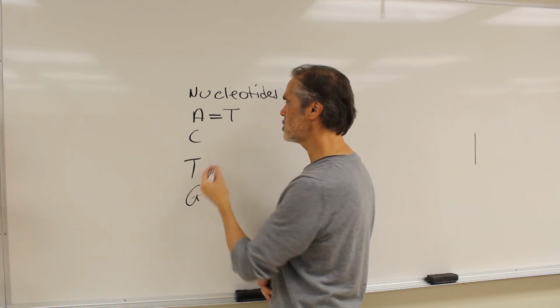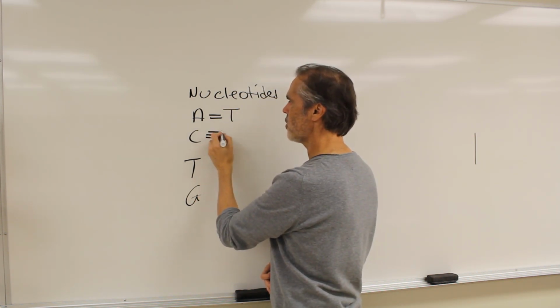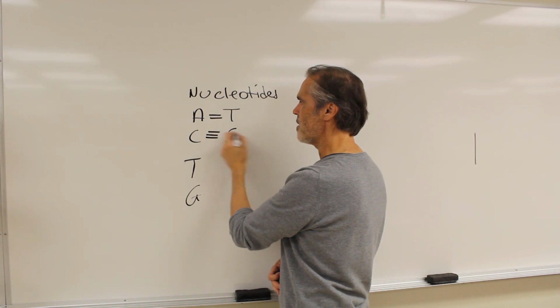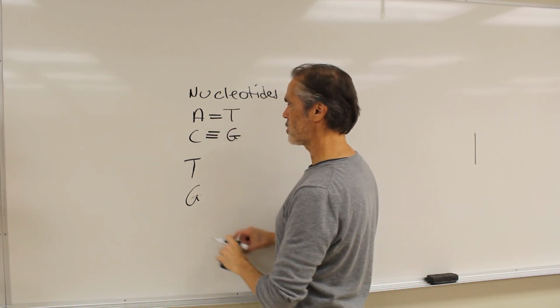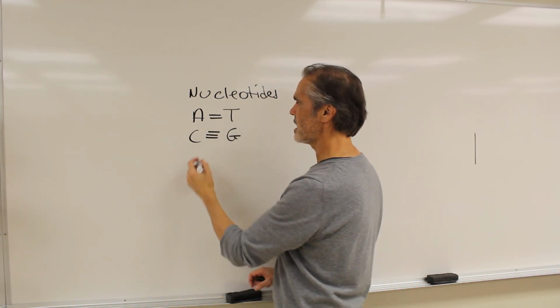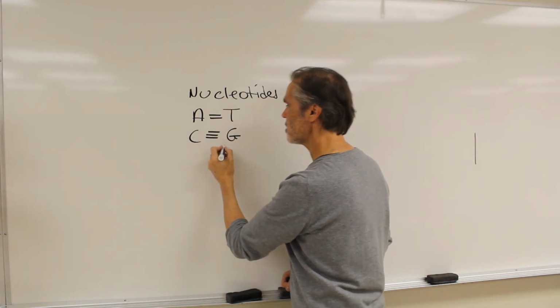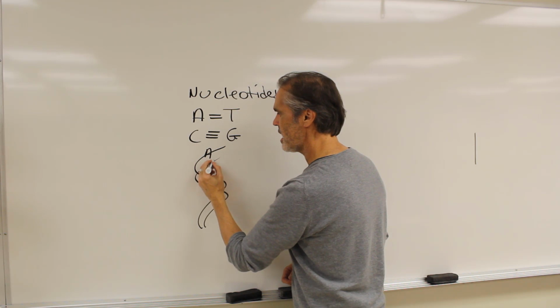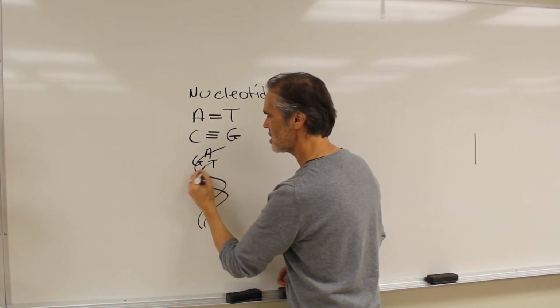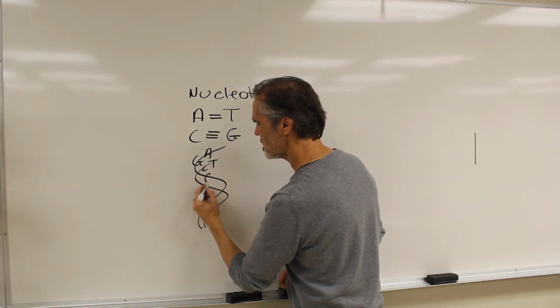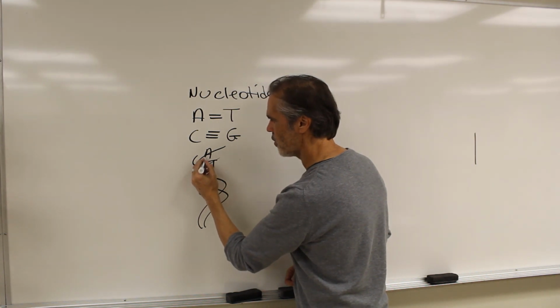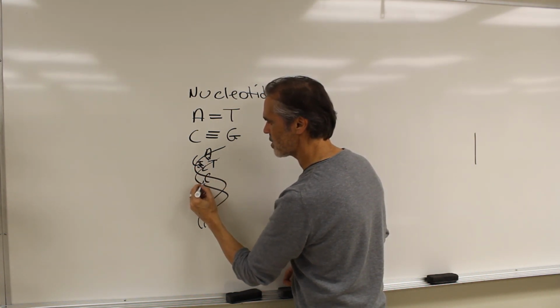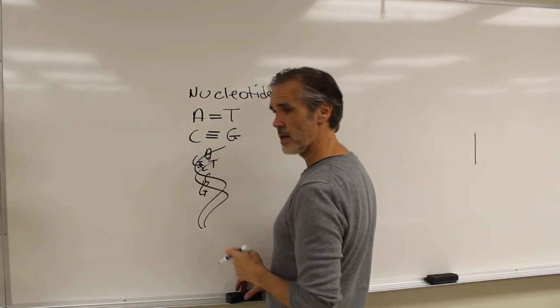There's always 2 between the 2 of them. And cytosine always interacts with guanine through 3 hydrogen bonds. So when we're looking at DNA, we would have A, T, G, C, C, G, etc. And those strands are held together via hydrogen bonding, as I just explained.